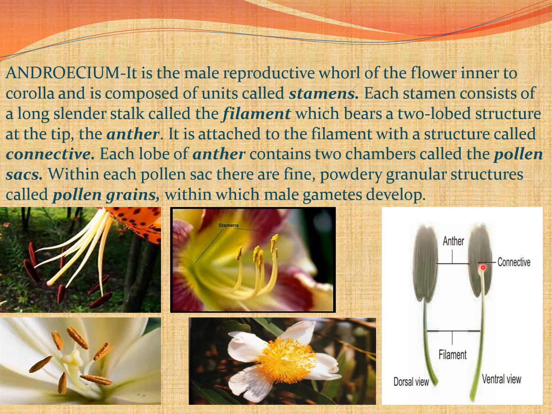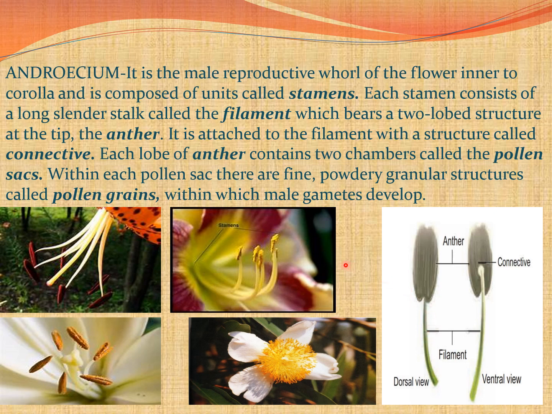The anther and the filament are connected by a connective. Each anther has 4 lobes, and each lobe of the anther contains 2 chambers, within which small granules called pollen grains are present. They are called the male gametes.